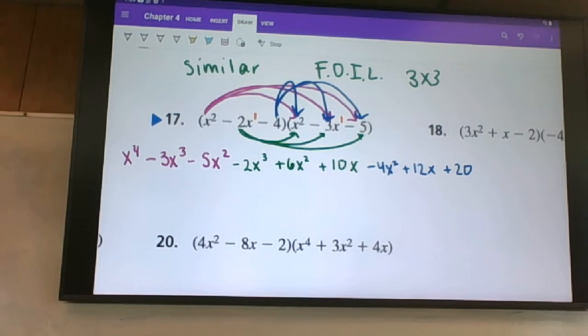Alright, now we have to combine our terms. So start with your highest exponent. There's only one x to the fourth. And so I'm going to mark them off after I use them so that if I forget any, I'll see that it's not marked off. So I have 2x to the third powers to combine.